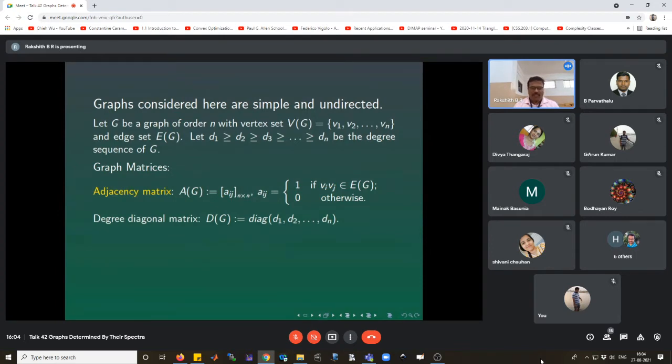It simply stands for a diagonal matrix with diagonal entries D1, D2, and so on Dn. Then the Laplacian matrix is defined to be the degree diagonal matrix minus the adjacency matrix, and the signless Laplacian matrix is defined to be the degree diagonal matrix plus the adjacency matrix.